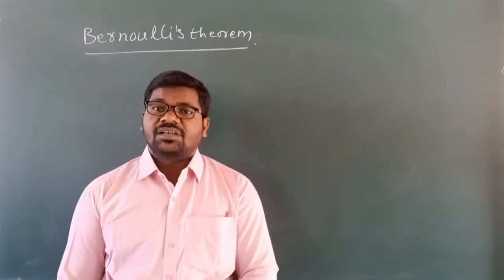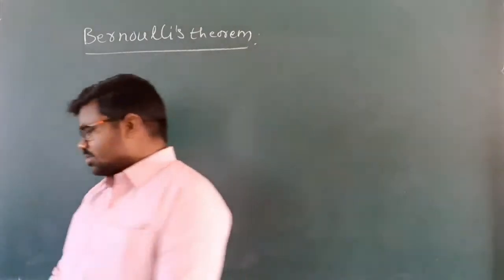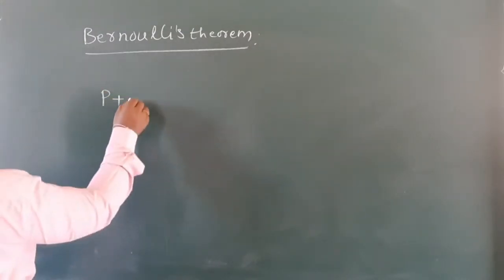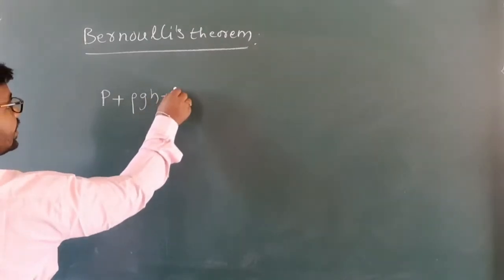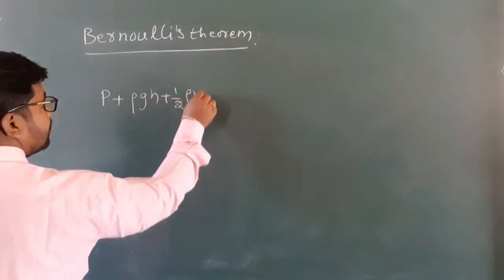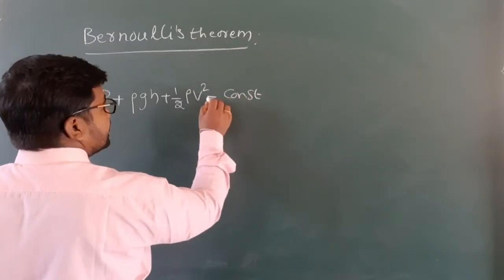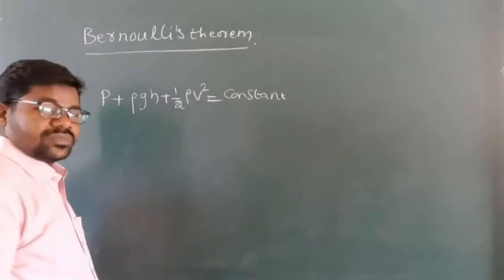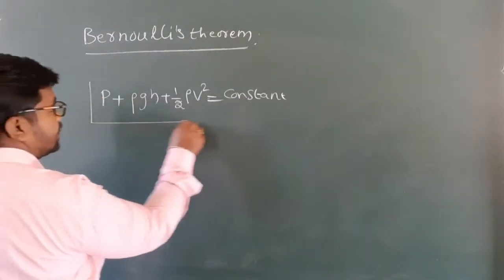From the statement we write the equation: pressure energy per unit volume, potential energy per unit volume and kinetic energy per unit volume is constant. This is the important statement.